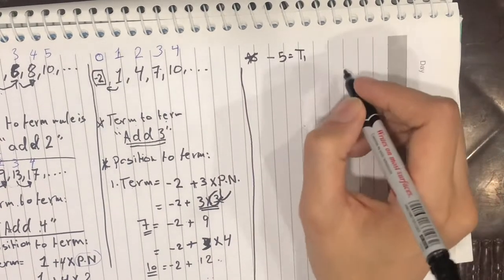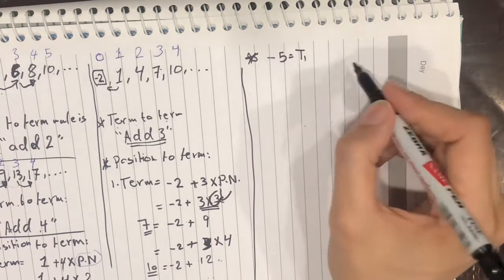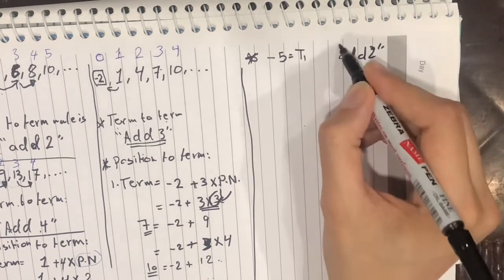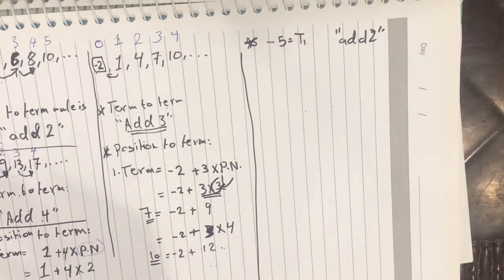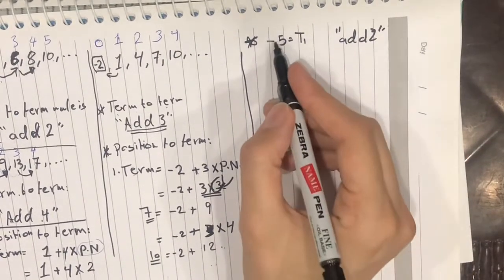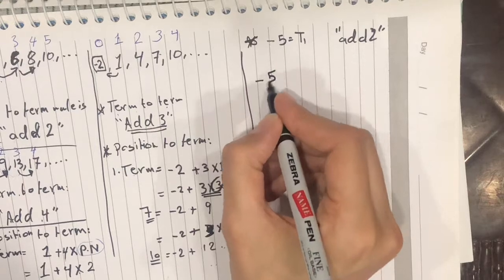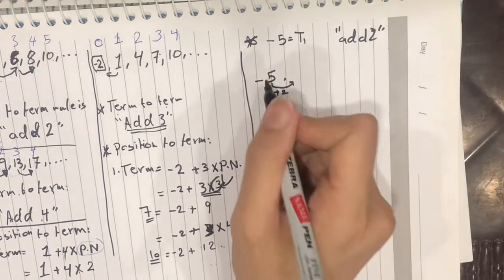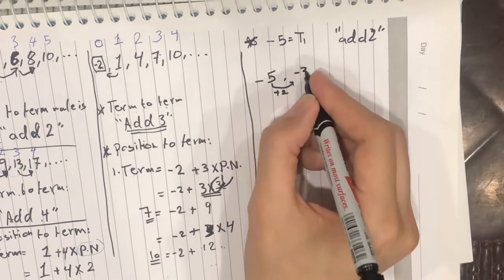And the rule is add 2. I have to find it. I start with the first term, which is -5. And then I have to add 2 to get the second term. So -5 plus 2 equals -3.